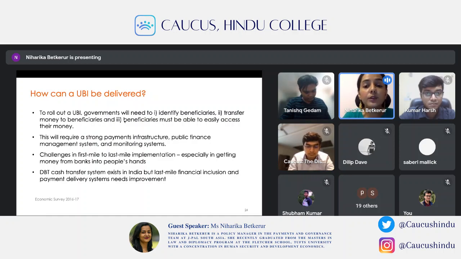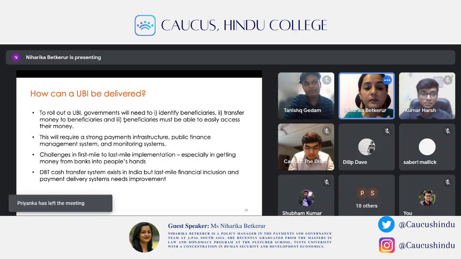So that would require a really strong payments infrastructure. So in India, we can think about direct benefit transfer systems, which are leveraging the Jan Dhan Aadhaar mobile trinity. We can think about how DBT has become so ubiquitous in social protection in India that there are hundreds of DBT cash transfer schemes.